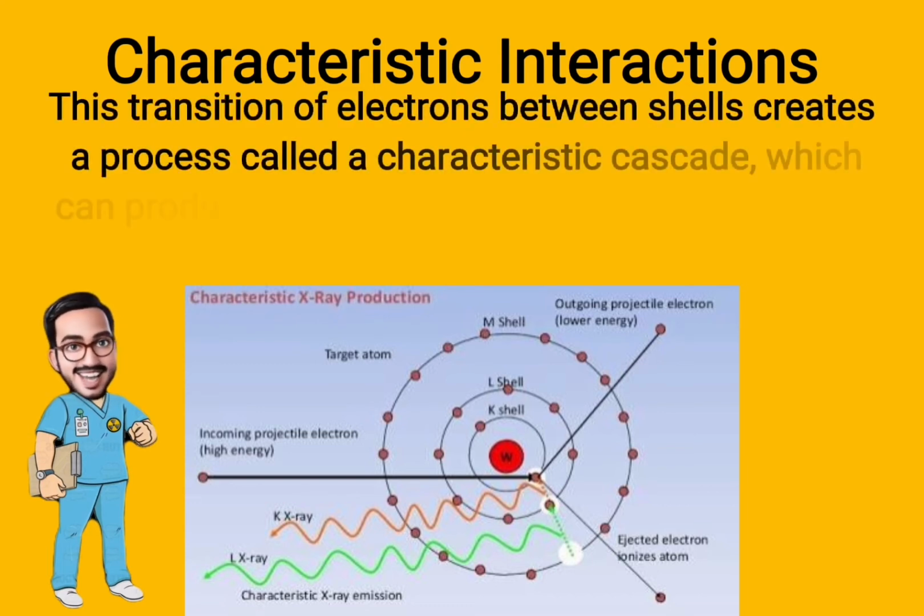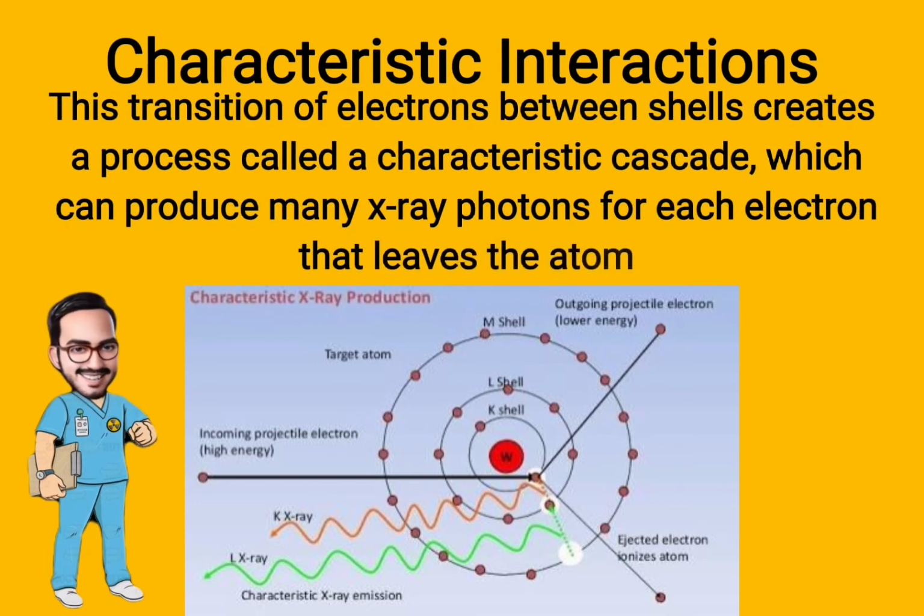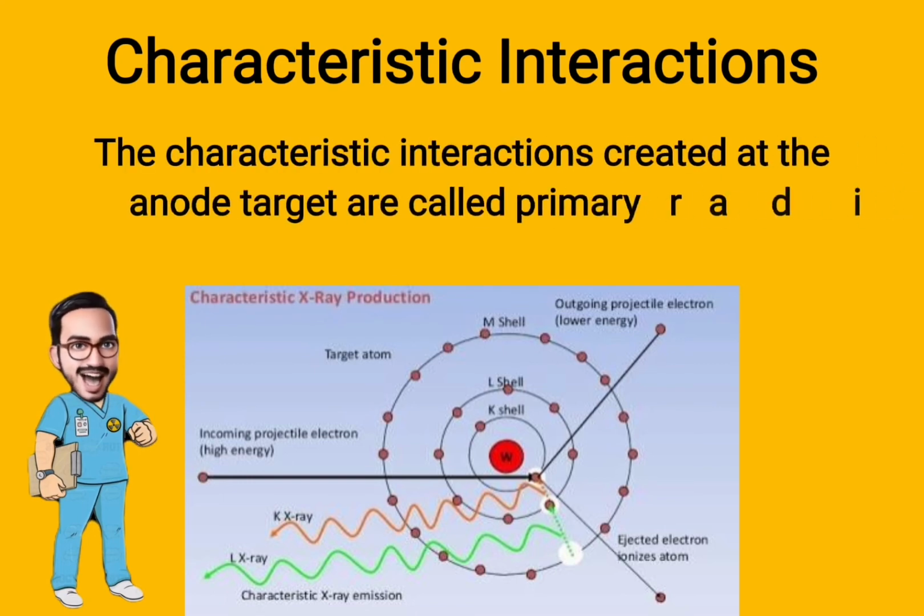This transition of electrons between shells creates a process called a characteristic cascade, which can produce many X-ray photons for each electron that leaves the atom. The characteristic interactions created at the anode target are called primary radiation.